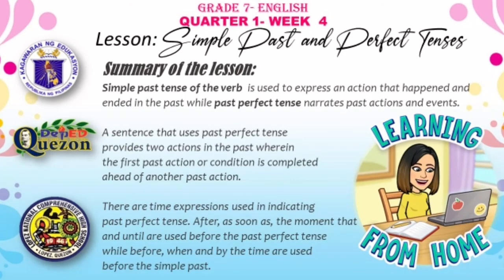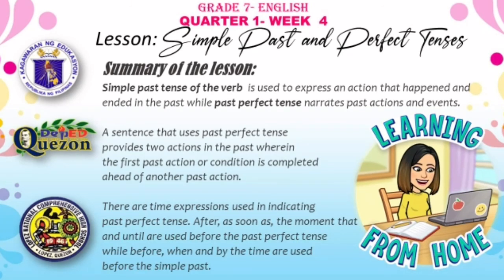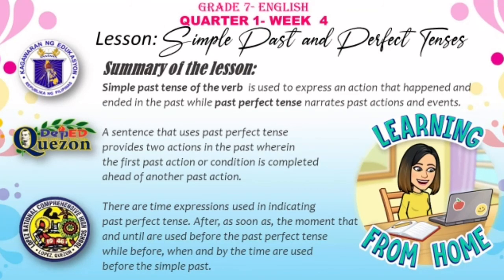There are time expressions used in indicating past perfect tense. After, as soon as, the moment that, and until are used before the past perfect tense, while before, when, and by the time are used before the simple past.